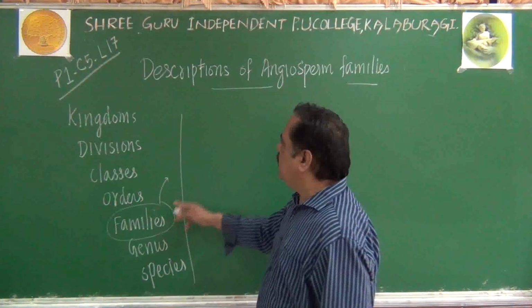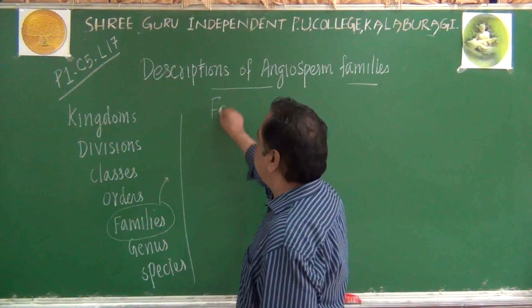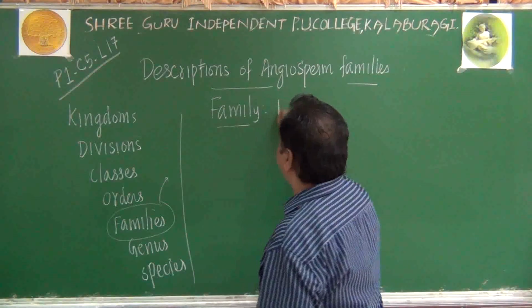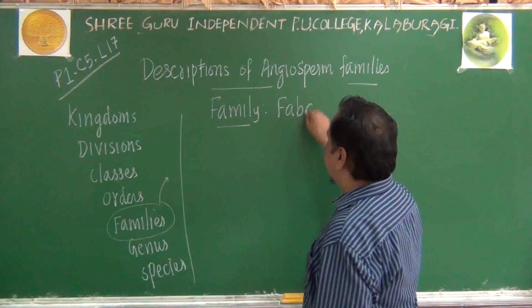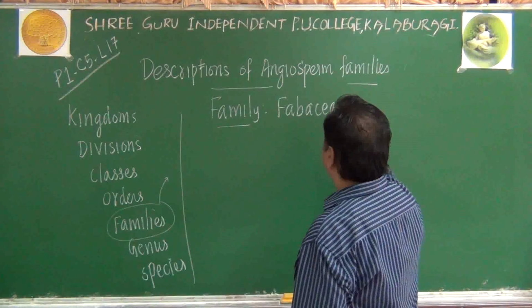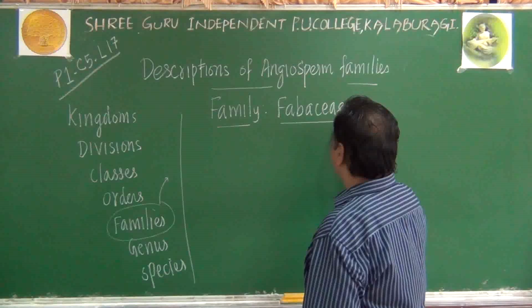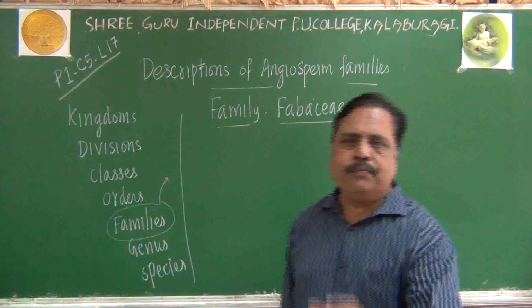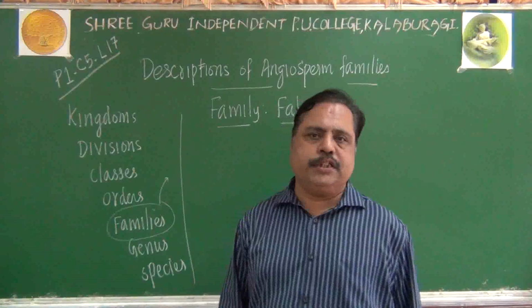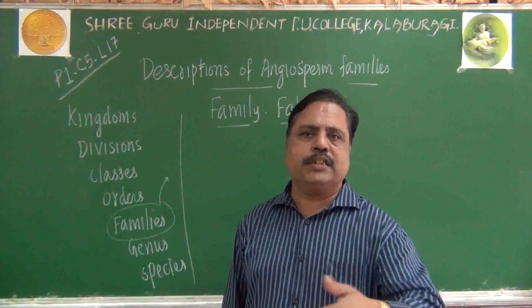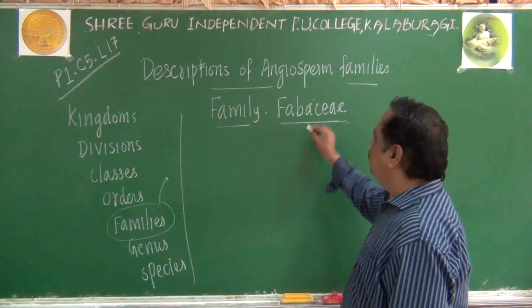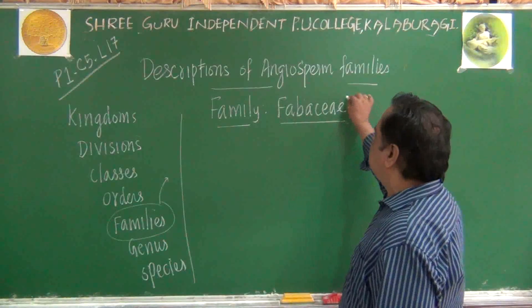The first family we are going to describe here is the family Fabaceae. Remember one point, the families are ending with the suffix ACA actually. Fabaceae, Solanaceae, Liliaceae, like that, they are ending with the suffix ACA.